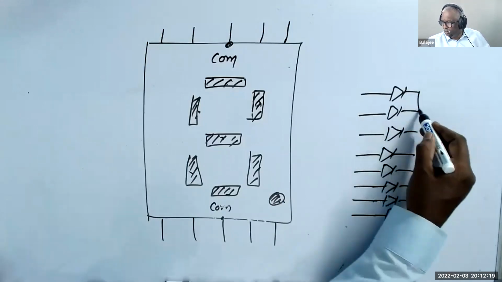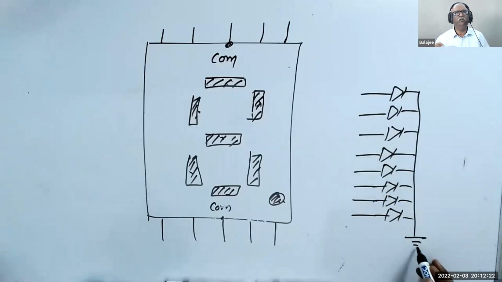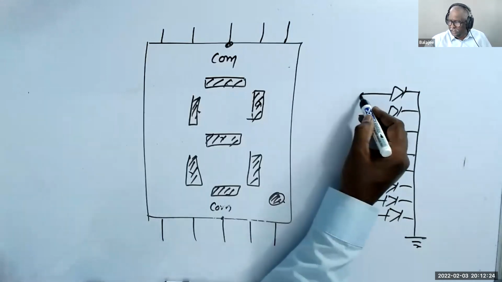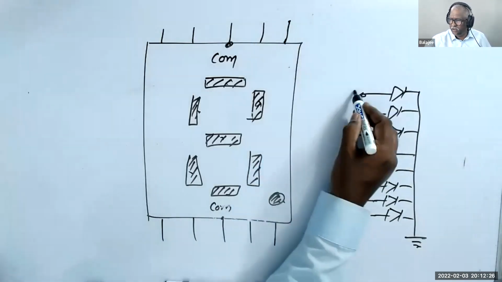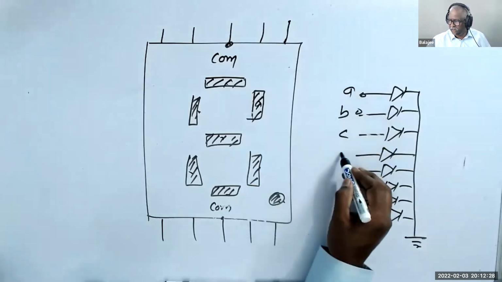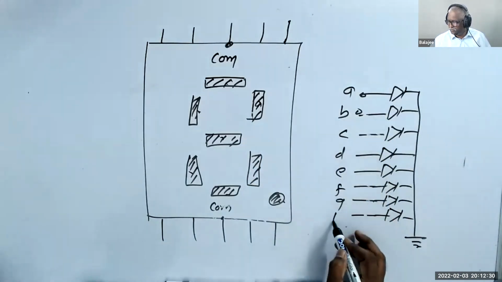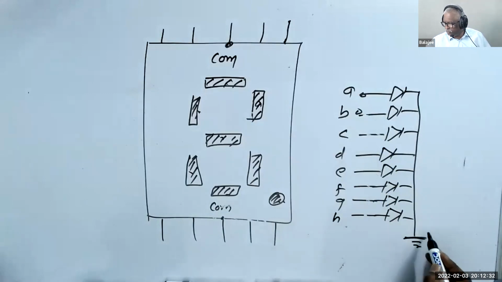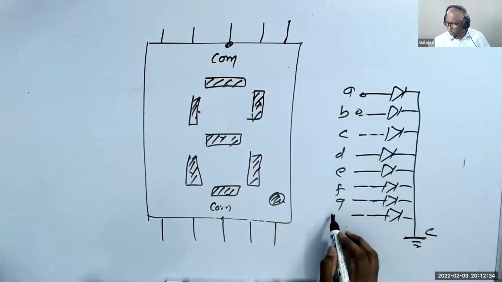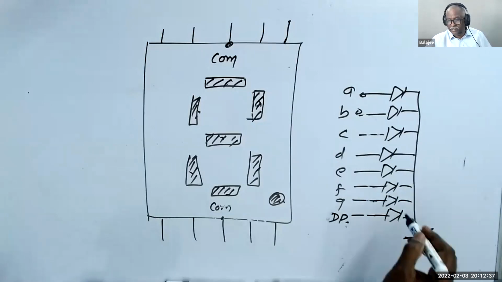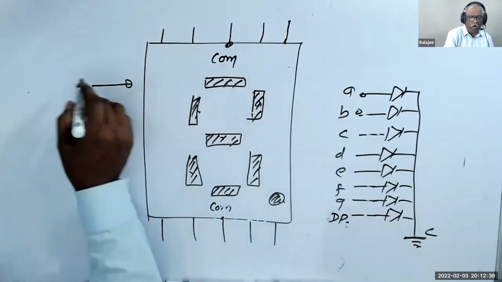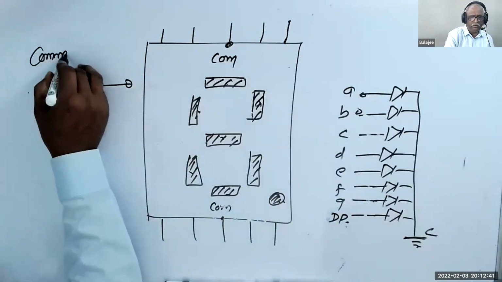I connect all the cathodes, and the anodes will be connected to the pins A, B, C, D, E, F, G, H. And this is the cathode. This dot, sorry. That means this 7-segment is called common cathode.